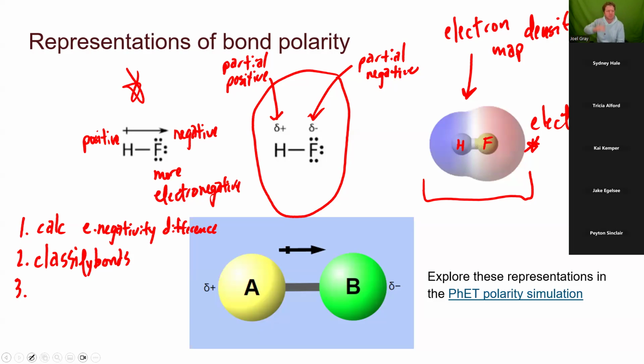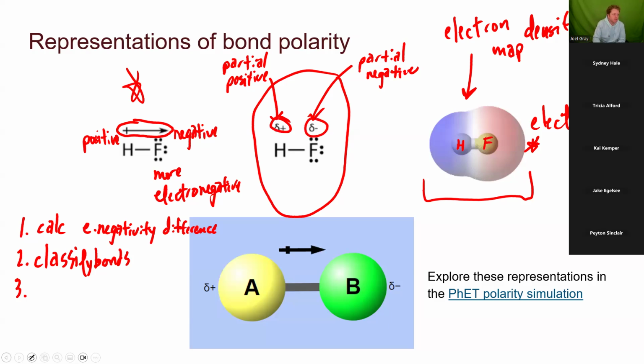Based on that, I'm going to draw this dagger, and it's going to point this way, or that way. Or I know where to put my partial positive or partial negative.